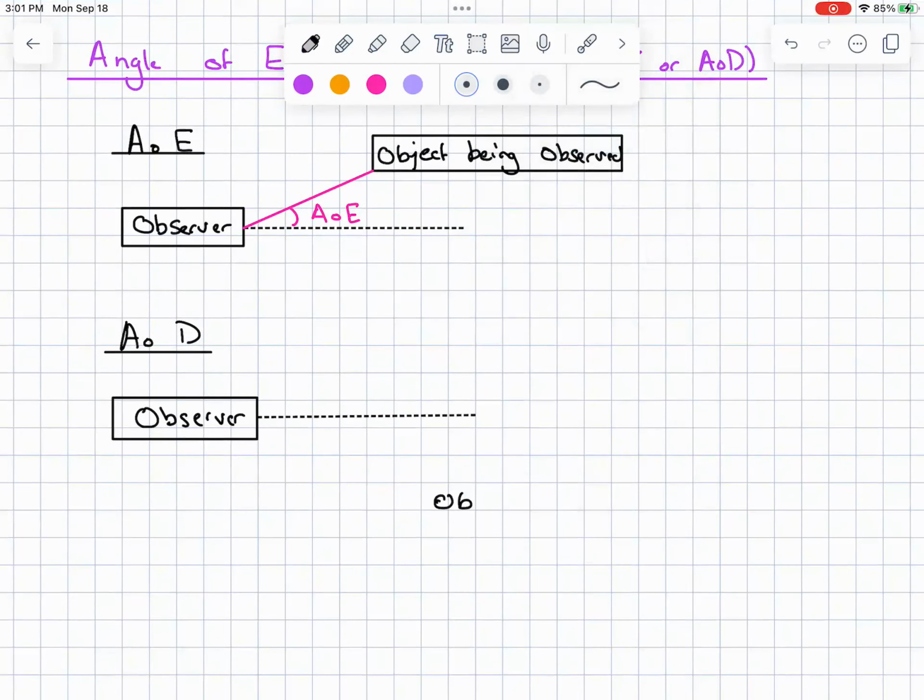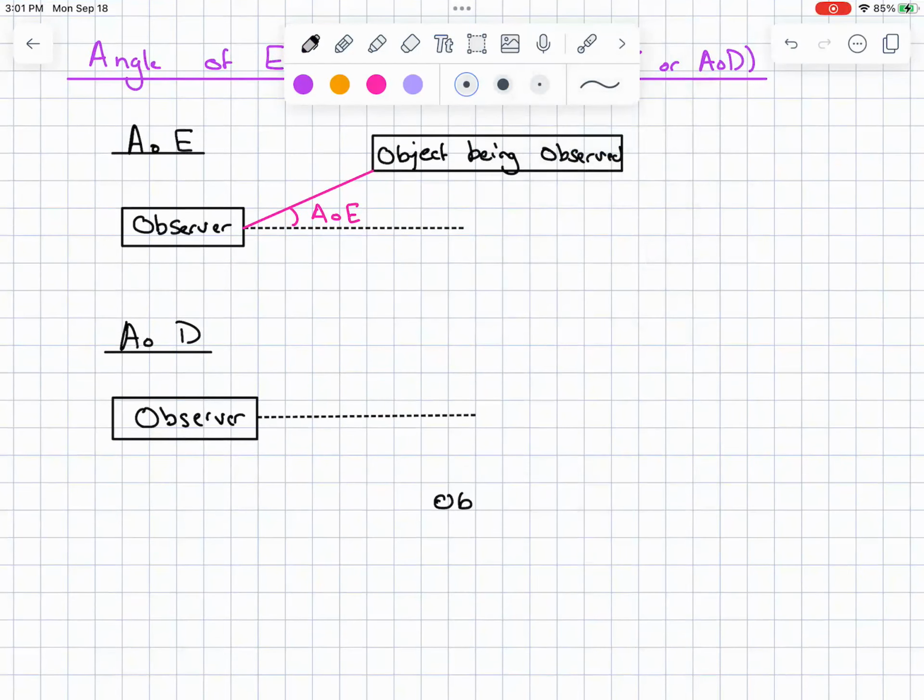A security light is going to be mounted to a building so that the AOD, is everyone okay with AOD for the angle of depression? So I don't have to write angle of depression. It takes so long. It's very warm in this room, and I don't want to write.